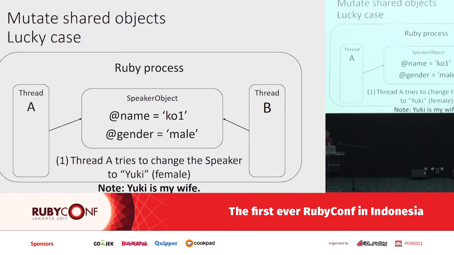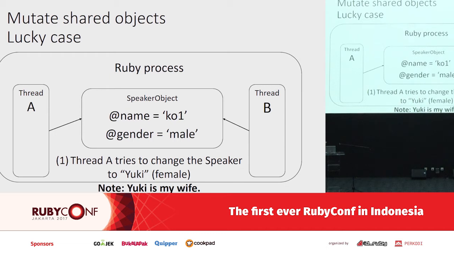I want to speed up these examples. This is a shared speaker object named Koichi, and my gender is male, of course. Please consider if I want to change this speaker to my wife, Yuki, and of course she is female.